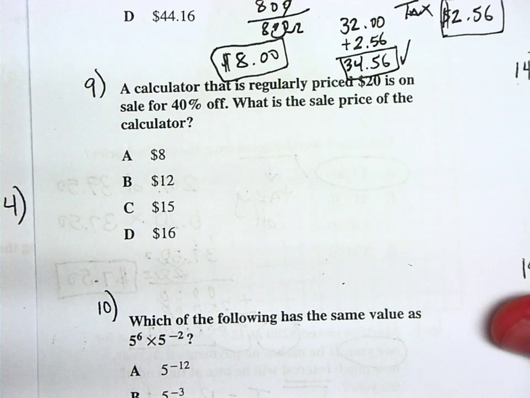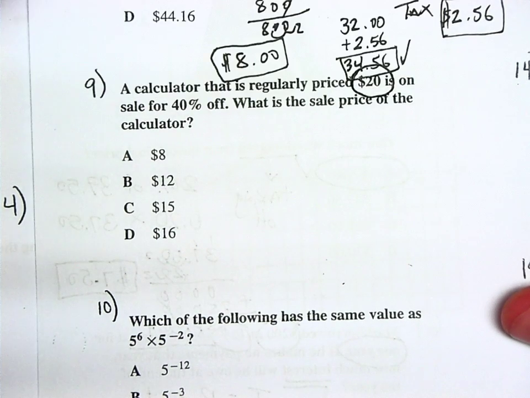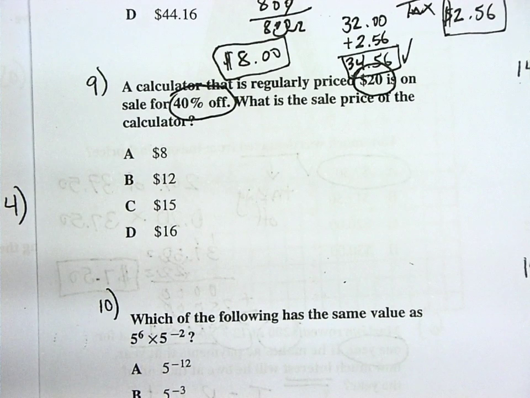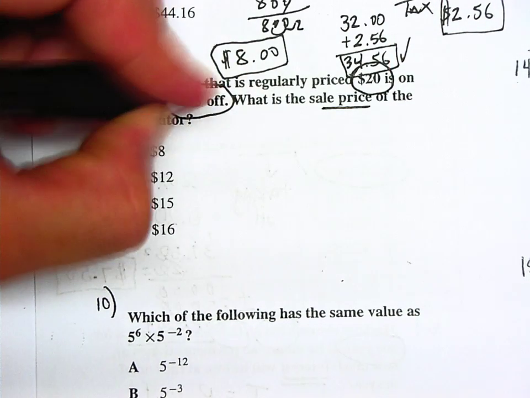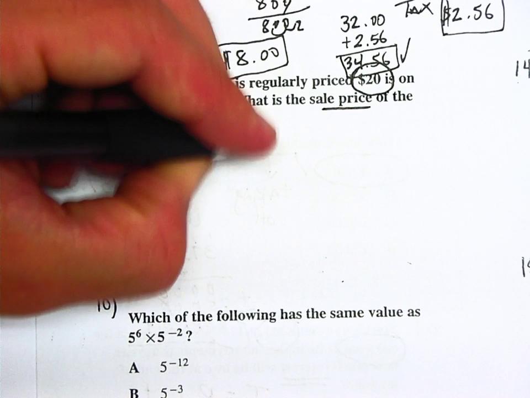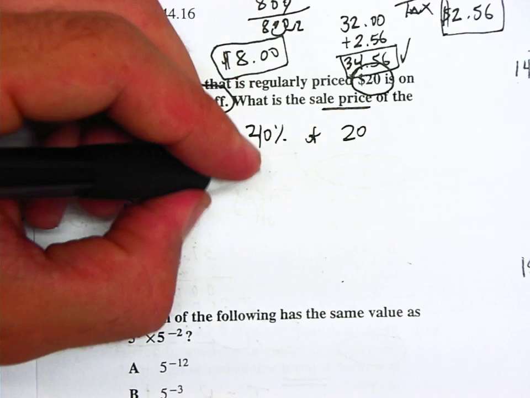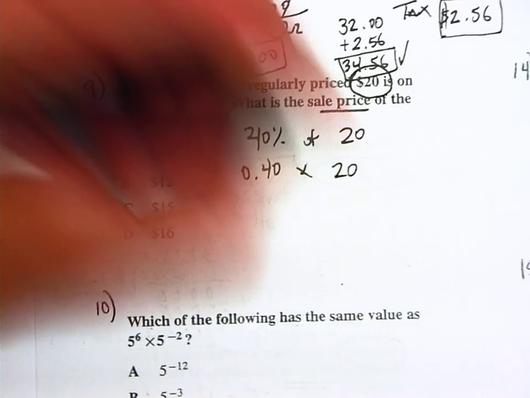Moving on, number 9, a calculator that is regularly priced at $20 is on sale for 40% off. This problem seems easier than 7 and 8 because it's only one step to figure out what is the sale price. If it's 40% off of $20, I know I need to figure out what's 40% of 20, and that means I need to multiply 40 hundredths times 20.